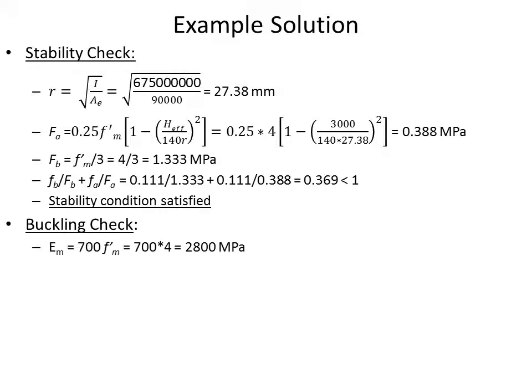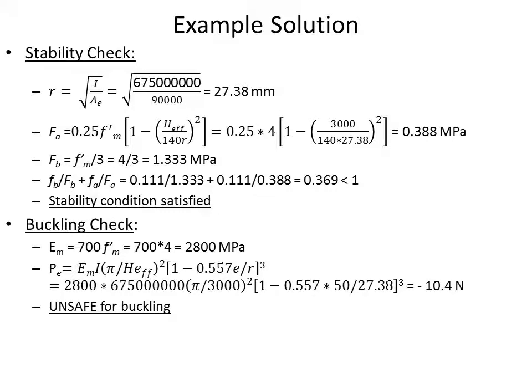Finally, we check for buckling. So EM from the equation in the table in the code is 700 F-M. So this is 2800 megapascal. P effective is EMI multiplied by pi over H effective square multiplied by 1 minus 0.557 E over R all cube.